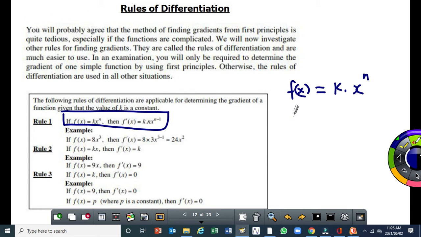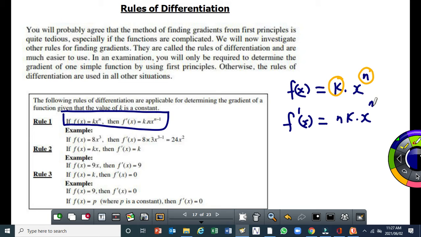So what you do is you write f prime of x, which is the derivative. Then the next thing, you multiply this exponent n by the coefficient of x to the power of n, which is k. If you do that, you get nk times x to the power of n.